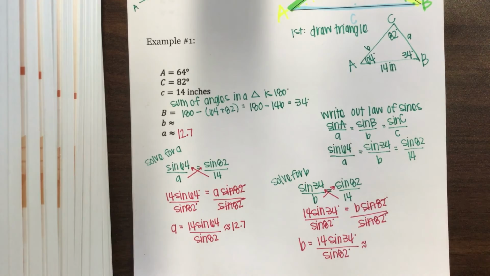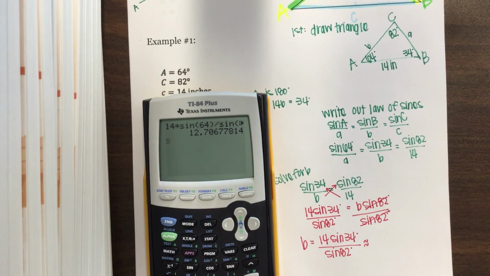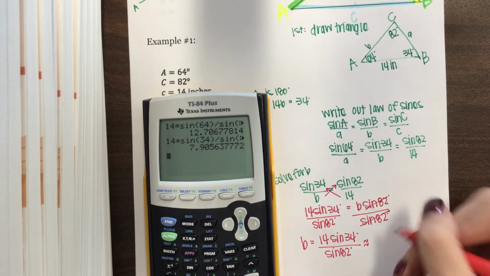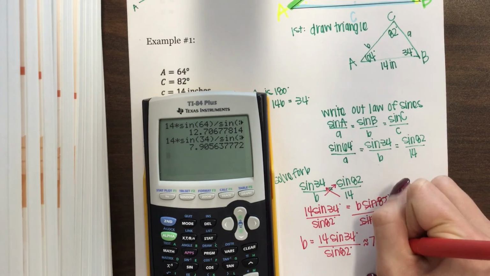We're going to again just use our calculator to find that. So we're going to put 14 times the sine of 34 and then divide that by the sine of 82. Enter, you get 7.905, round to the nearest tenth, so that's 7.9.